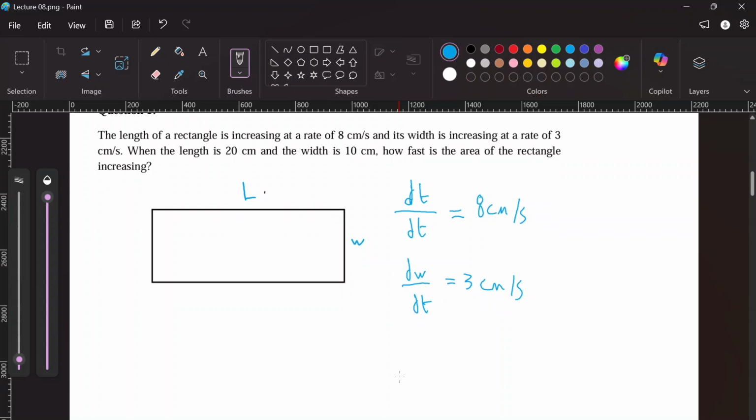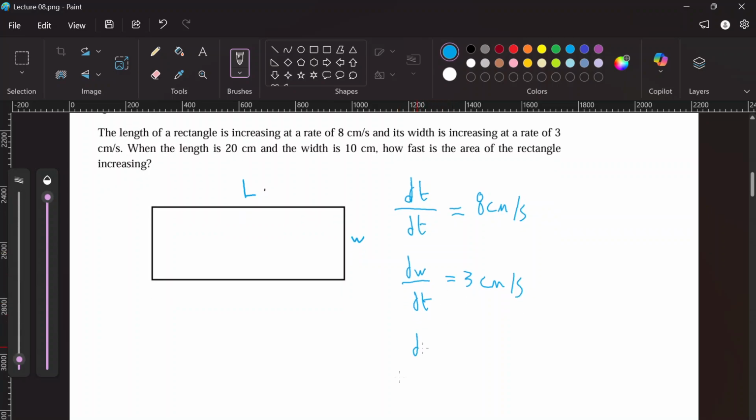Yes. So we want dA. A is the area, okay? So we want dA over dt when L equals 20 centimeters, W equals 10 centimeters.